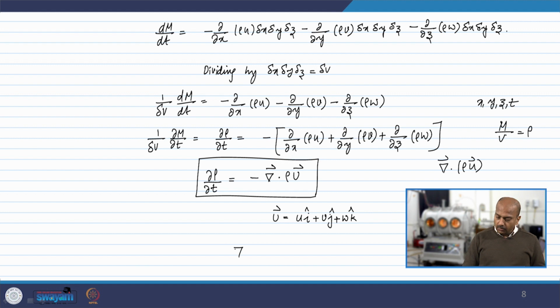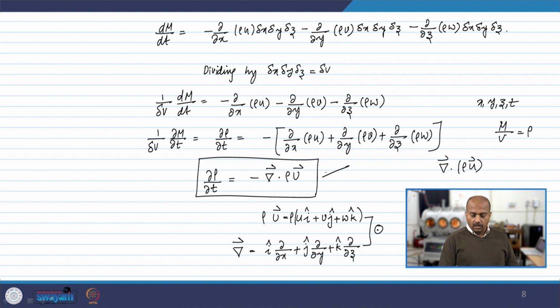So, now we have to just recall del is i ∂/∂x plus j ∂/∂y plus k ∂/∂z. You multiply with a ρ this expression, take a dot product of this, you will get this relation.